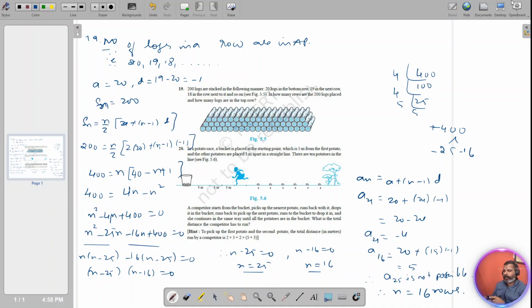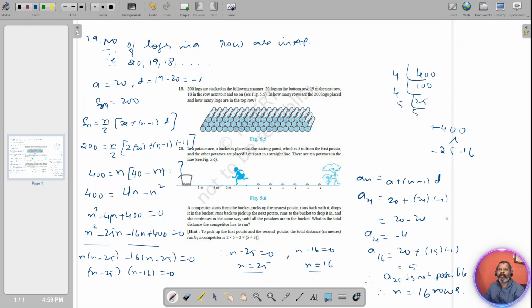Once we have n as 16 rows, how many logs are kept in the top row? That's important. So how many logs? In the top row we have 5, because a16 is 5.